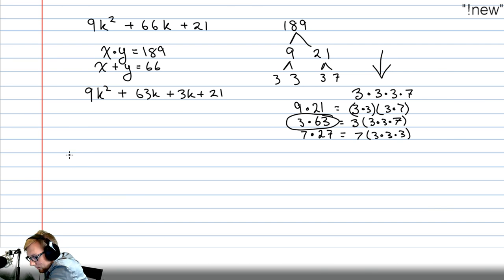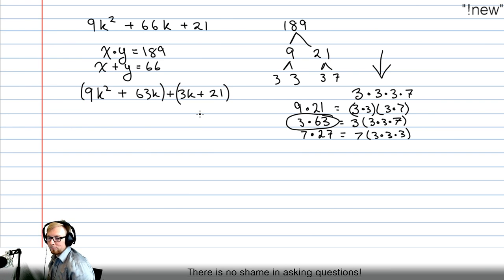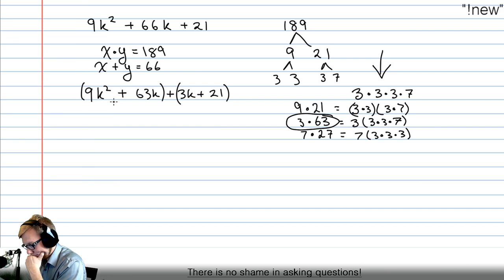Now you're grouping and you're factoring. Right. So out of your first group, you group 9k squared, 63k. Yep, like that. And then you get 9k as your greatest common factor.